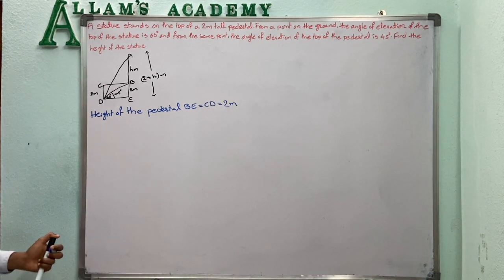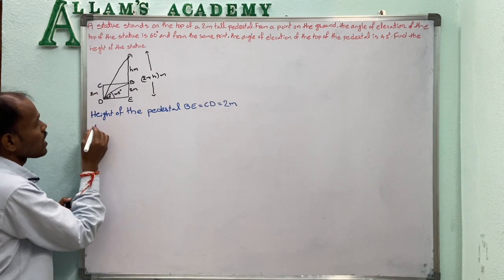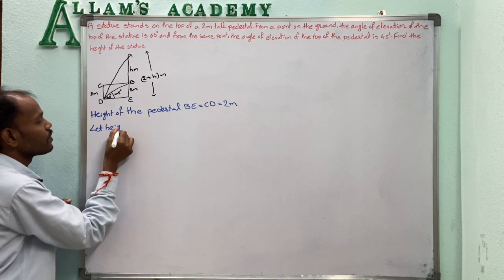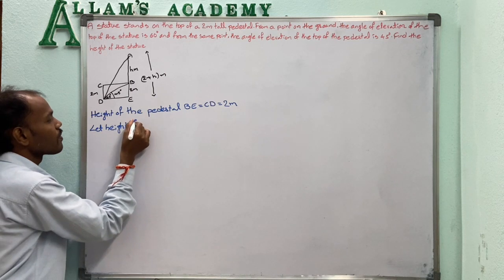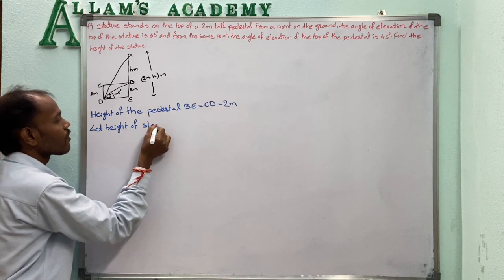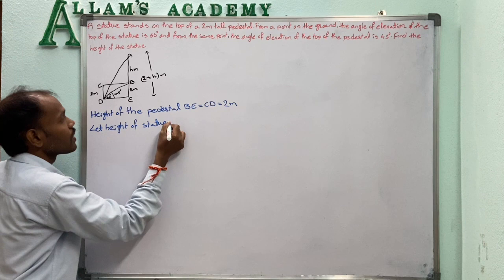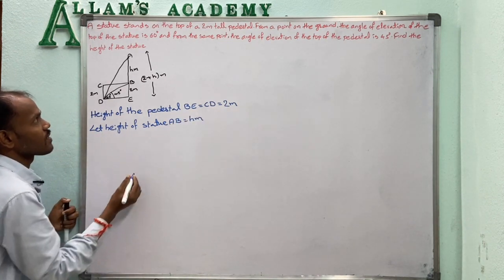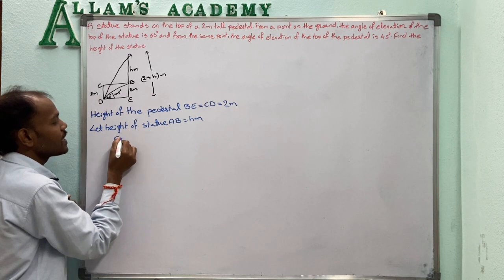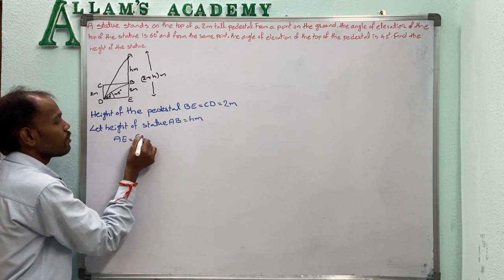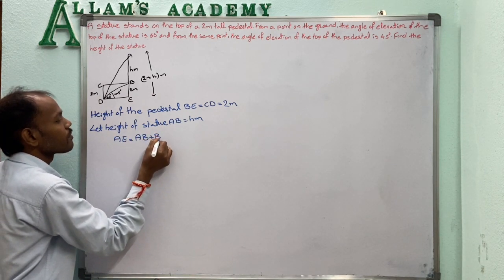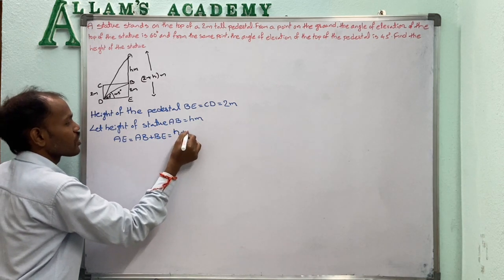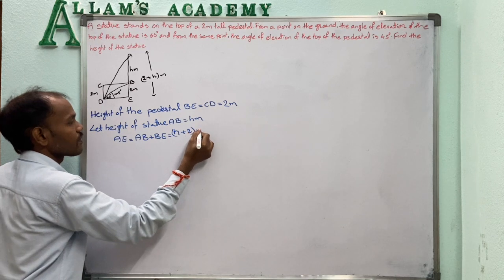Next, let the height of the statue AB equal to h meters. So, AE equal to AB plus BE, that equals h plus 2 meters.